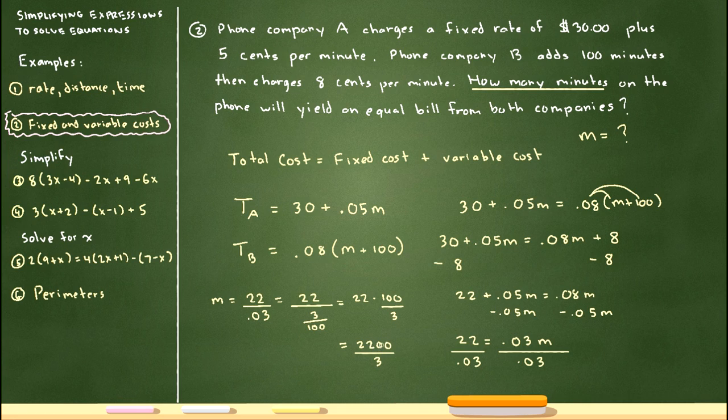And so this is a fraction form here. Okay, 2200 over 3. Now it looks like we're going to get 733.3. So 733.3, yeah. Okay, so this fraction is approximately 733.333.